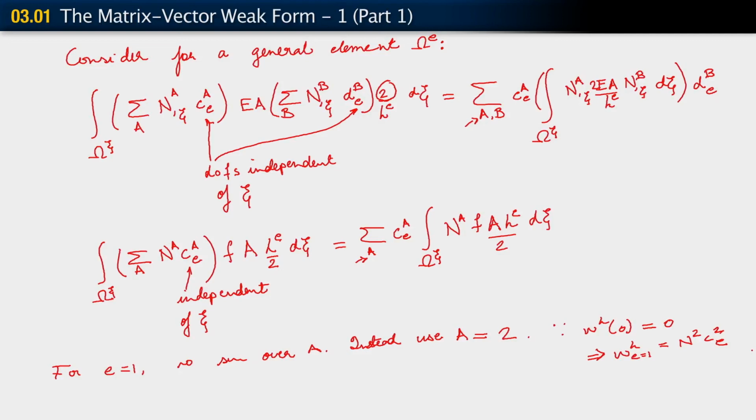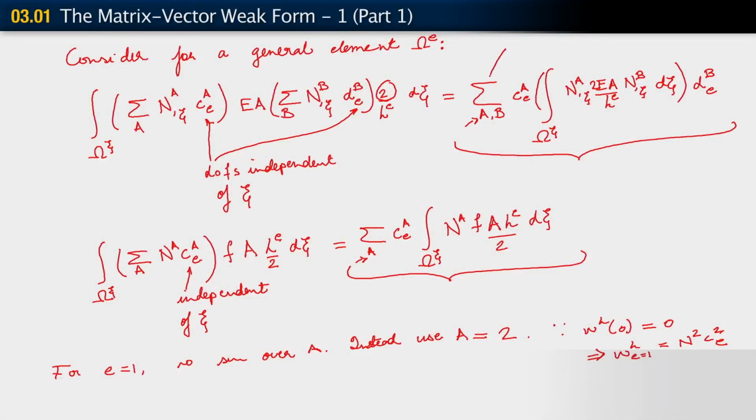So we have this, and we're now going to go ahead and construct from this a form of the weak form that we call the matrix vector form. And in order to do that, we need to look at that expression and that one.